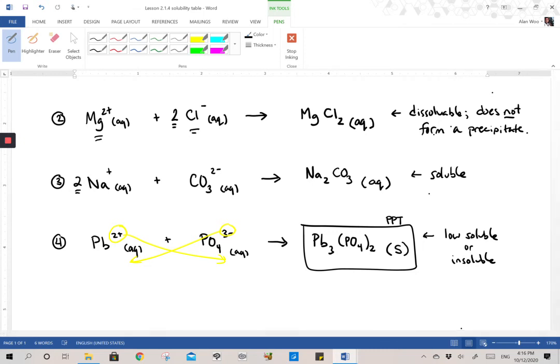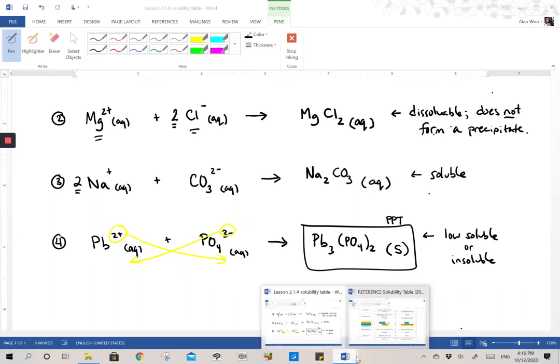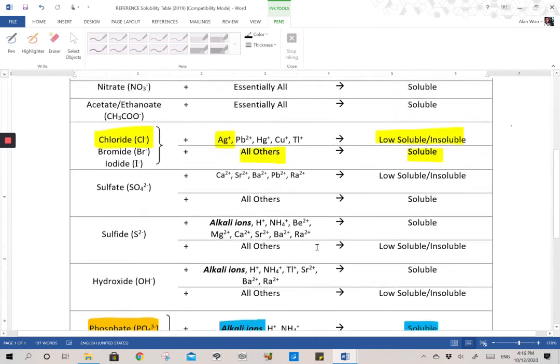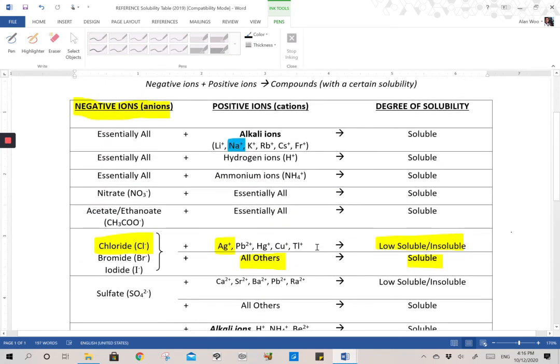So figuring out whether they dissolve or form a solid is actually fairly easy and straightforward, as long as you have the solubility table in front of you. Now, there's a couple of things that I will mention about the solubility table here, so that you don't forget. When it says essentially all, you'll see it in a few places here. What it means is any negative ion can form compounds with alkali ions.